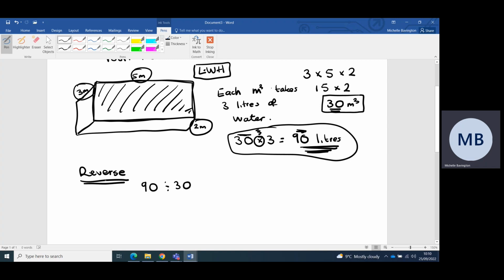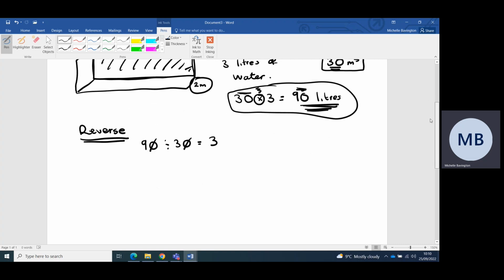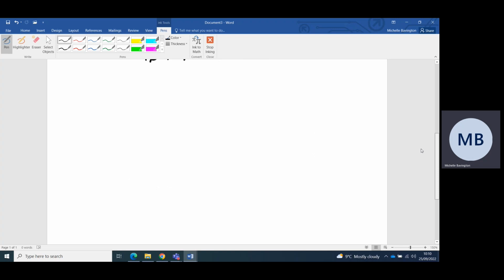Opposite, reverse, equals 9 divided by 3 is 3. So you can see when you do a reverse, you're just using the same numbers, but you're doing the opposite. Right, let's give you a question now, and I'm not going to say whether it's perimeter or volume.